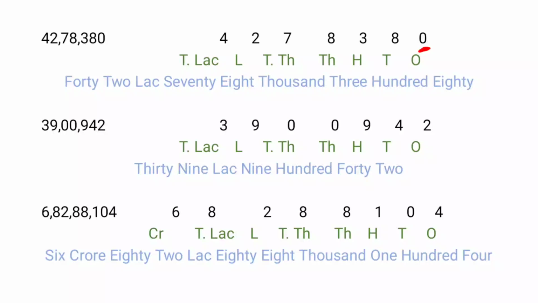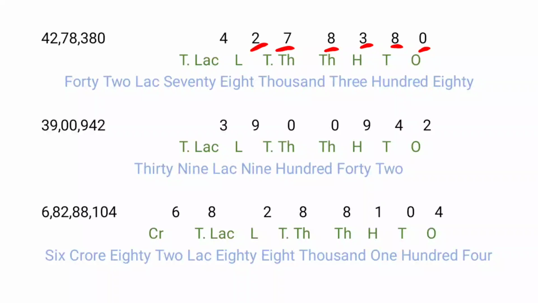Next number is a 7-digit number. The places are ones, tens, hundreds, thousands, 10,000s, lakhs, and 10 lakhs. Again, there are two digits on lakhs, so this will be in combined form, 42, and its place is lakh.